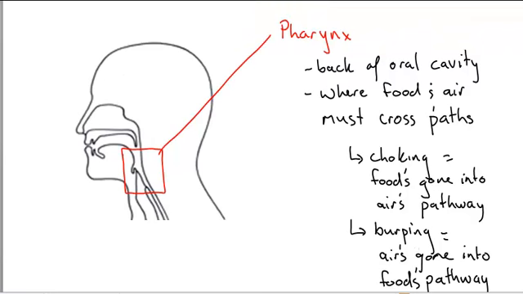So very important, if we're going to look at the path of food, we'll draw food in green. Food should pass through the mouth. Oh, that didn't turn green, sorry. Should pass through the mouth.